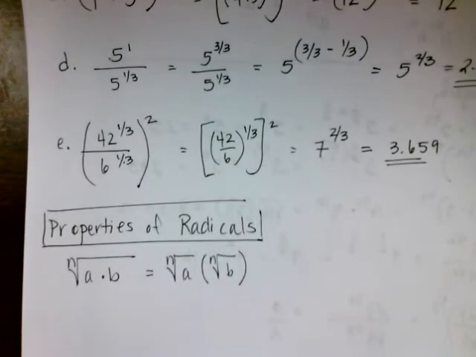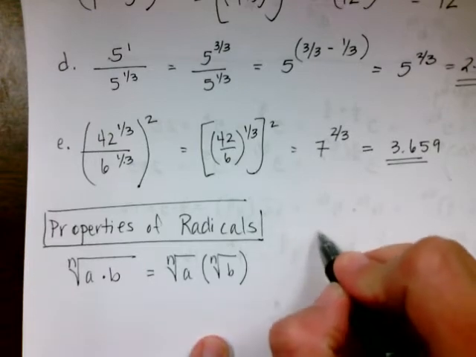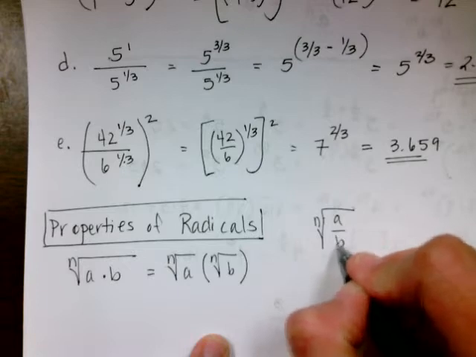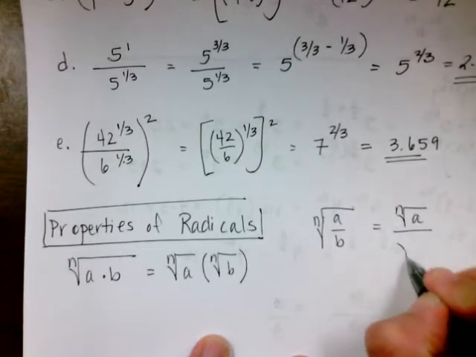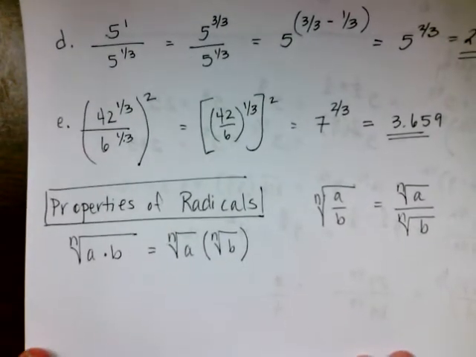So I can split a radical that's multiplied together up. Same thing if it's division. If I have the nth root of a divided by b, then that's the same thing as the nth root of a divided by the nth root of b. So I can manage those two things a couple of different ways.